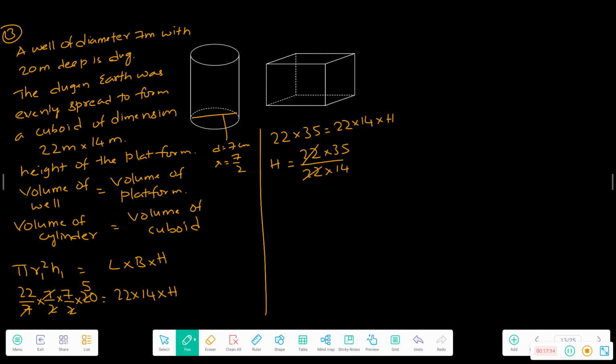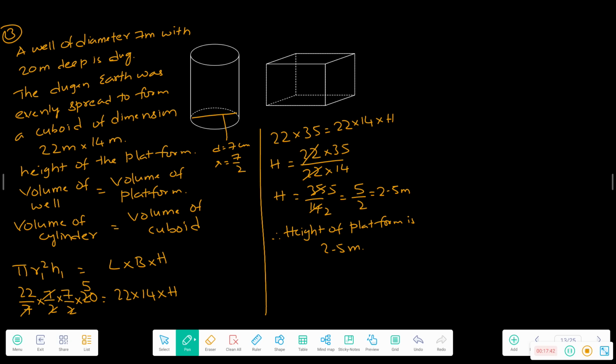So 22 gets cancelled. So H is equal to 35 by 14. 7 5s are 35, 7 2s are 14, that is 5/2. It is equal to 2.5 meter. Therefore, the height of the platform is 2.5 meter. Right children, this is all about the third problem.